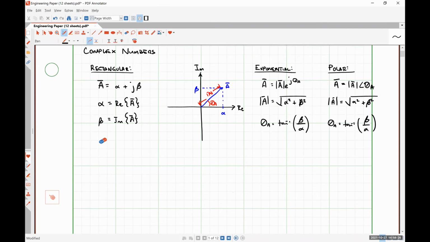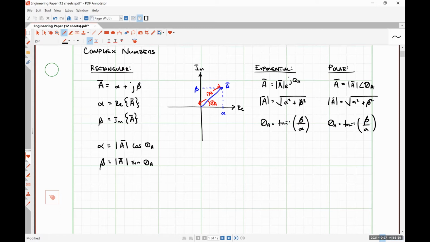So we could say that alpha is simply the magnitude of A times the cosine of theta A, using good old simple trig identities. And similarly, beta is the magnitude of A times the sine of theta A. So now we have a bilateral transform.